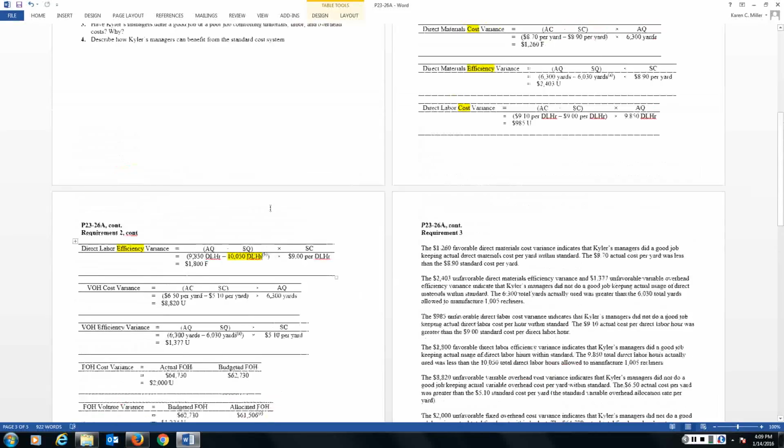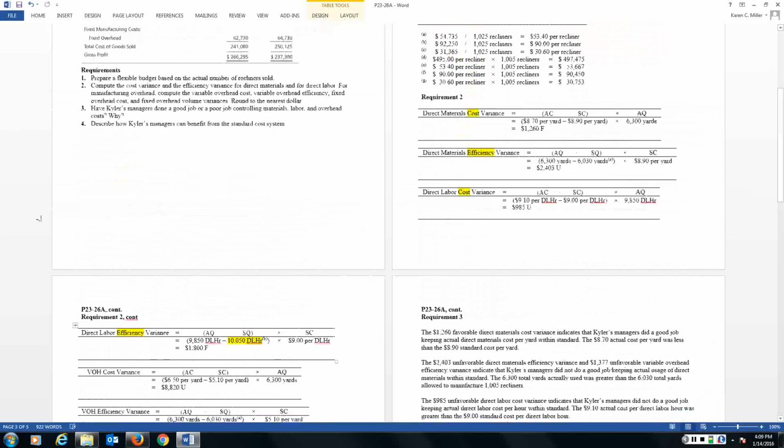All right, so if we can skim back up so that we can see all of these, I spent 20 cents less per yard on my material, but I used more material than I thought I should have. And in my labor, I paid my people 10 cents more per hour than I thought, but they worked fewer hours than we had anticipated.